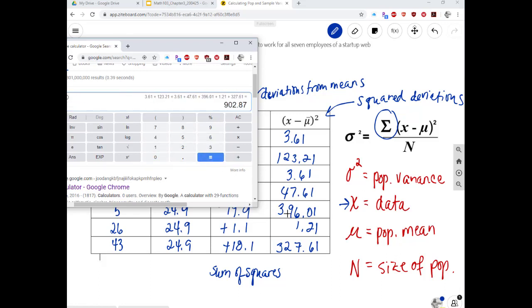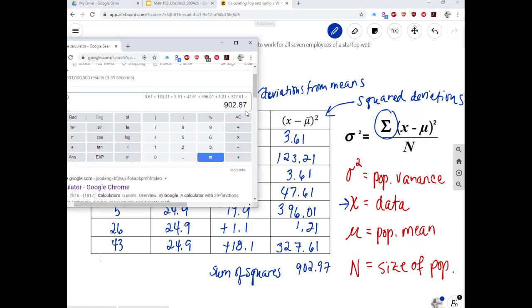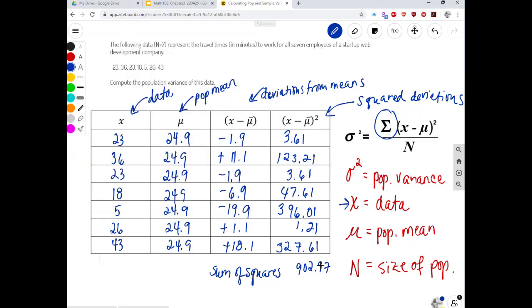I get 902.97. Oops, 87. Let's correct that real quick. 87. Okay. So this is my sum of squares.